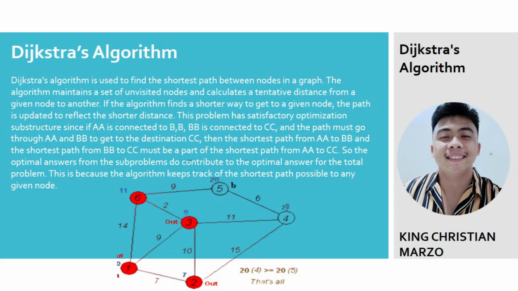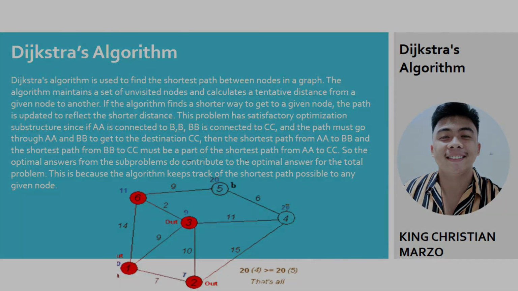This problem has satisfactory optimal substructure since if A is connected to B and B is connected to C, and the path must go through A and B to get to the destination C, then the shortest path from A to B and the shortest path from B to C must be a part of the shortest path from A to C. So the optimal answers from the subproblems contribute to the optimal answer for the total problem. This is because the algorithm keeps track of the shortest path possible to any given node.